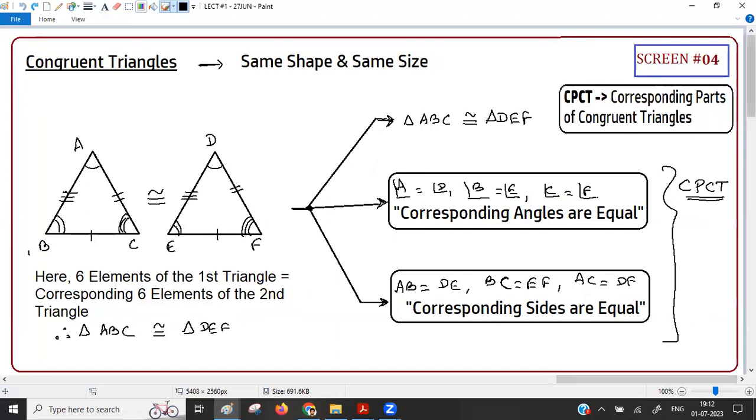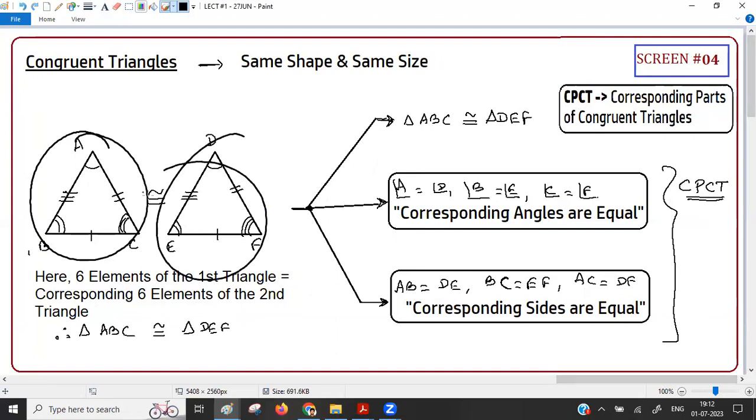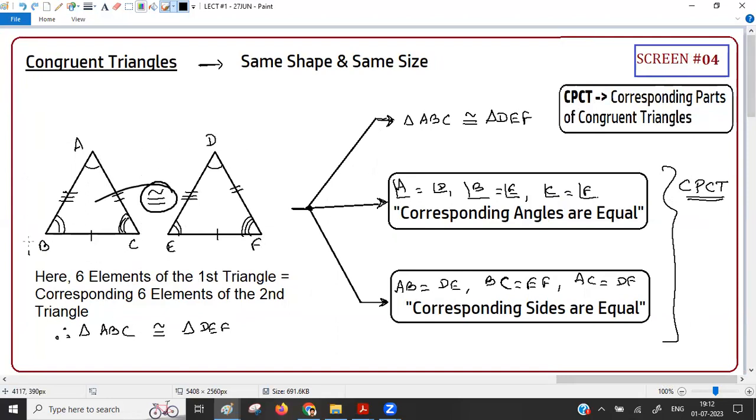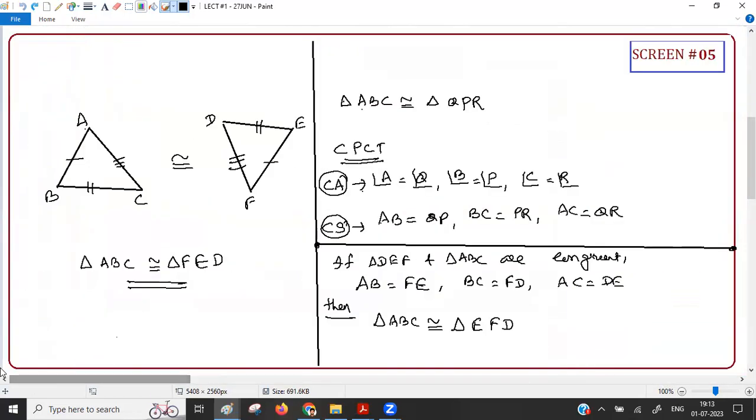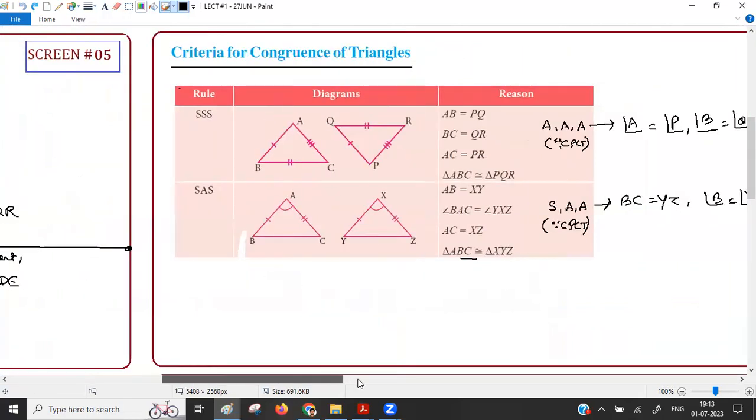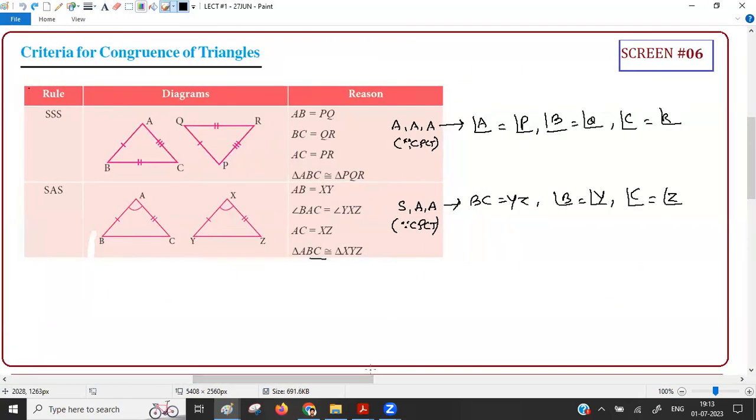So it is very clear that if I want to say this and this are ditto or congruent, then these 6 must be equal to these 6. Later, mathematicians identified that it is not necessary to check all 6 elements. If we check these 3 sides of this triangle and the 3 sides of this triangle are equal, are you clear?